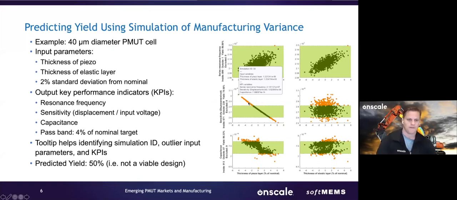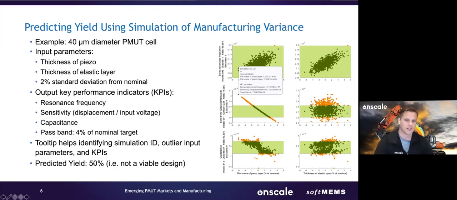So now the engineering team can decide, hey, should we go back and either relax some of our KPIs, maybe our target KPIs are too narrow, or should we go back and tweak the design in order to get better yield, or should we go talk to our foundry partner and see if they can narrow their process variation a little bit to give us better yield.